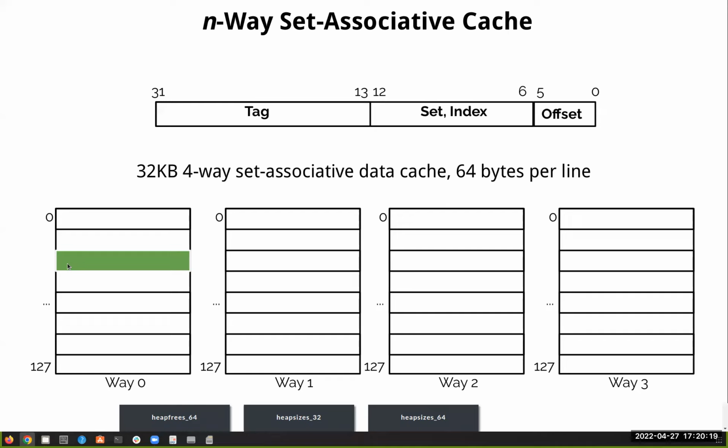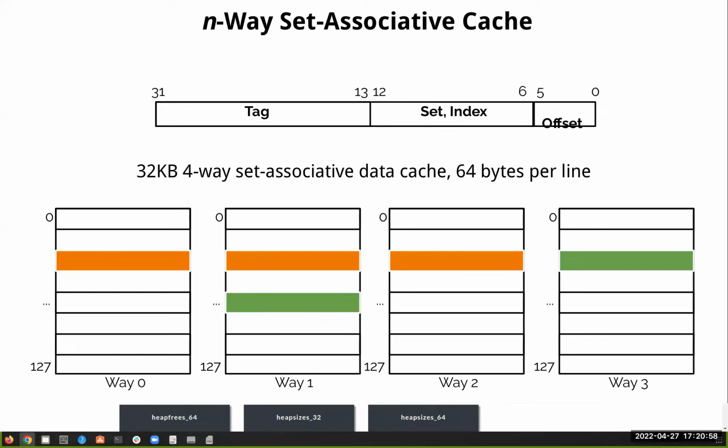Let's assume this address part is just 2. Those bits are 2, so this data will only go to set number 2. However, it will go to either here, here, here, or here. There are 4 possibilities. It can go to any of those 4 cache addresses. Those 4 cache addresses are called a set. The row here, we call it a set. So data can go to any address in the same set.